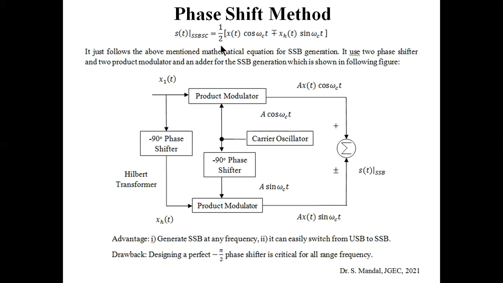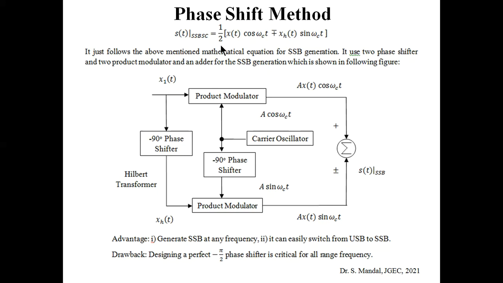Okay, so this phase shift method has two advantages. We can generate SSB at any frequency. That means if we change the value of the local oscillator, or change the value of omega_c, we can generate the SSB at any frequency. As we are not using any kind of bandpass filter, obviously no tuning is required.